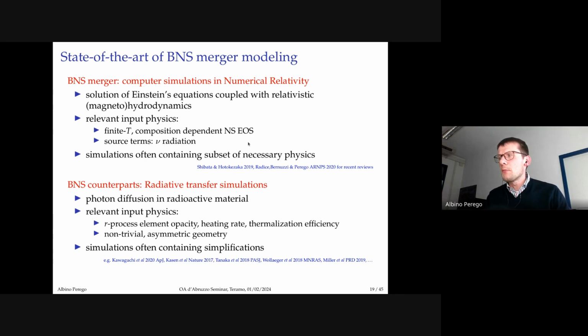The challenge now, in my opinion, is to improve the rates, because the neutrino rates that we use are very, very approximated. And the microphysics is also not always adequate, in my opinion. So there is a lot of work to do. The other thing is to combine everything together.